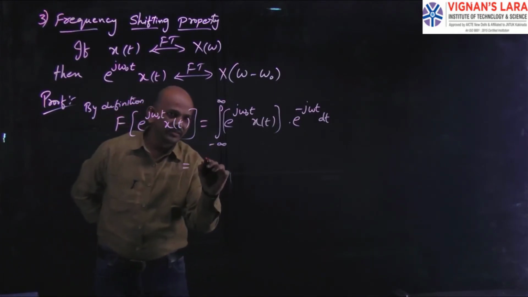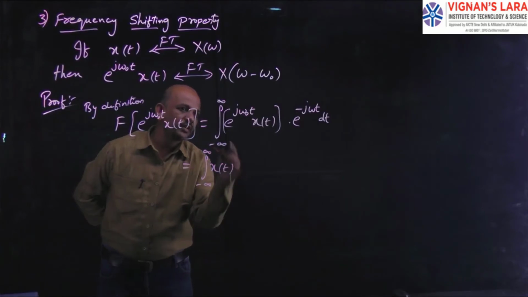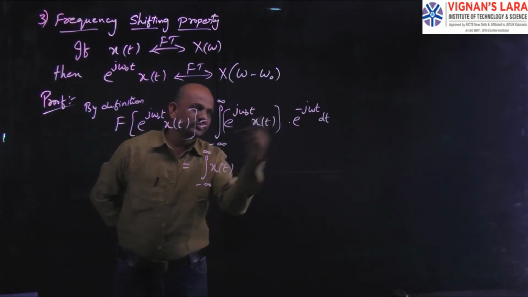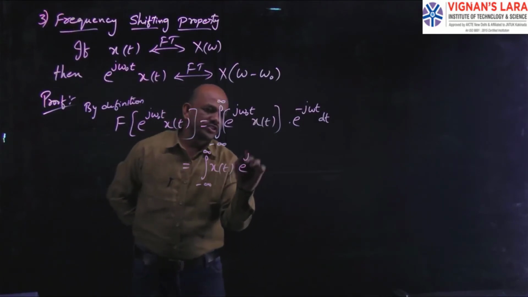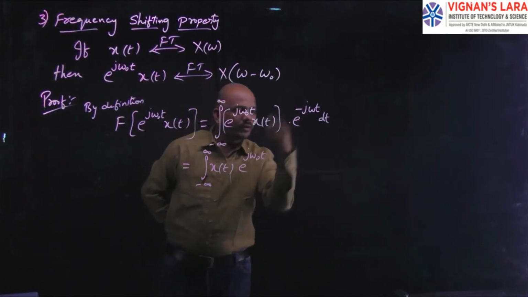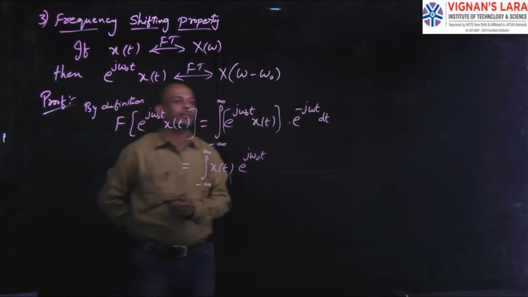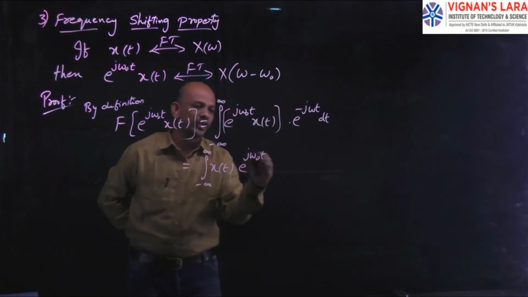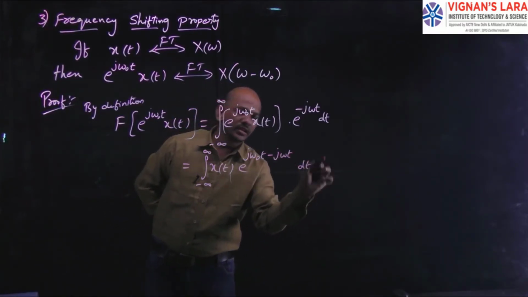So this can be written as integral minus infinity to infinity x of t, and then e power j omega naught t into e power minus j omega t. So e power x into e power minus y, that is e power j omega naught t minus j omega t dt.